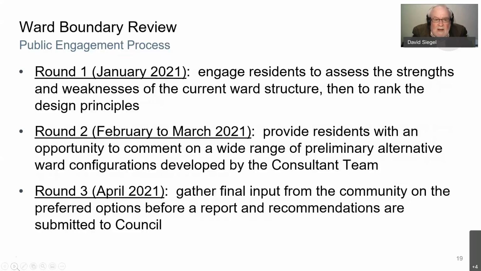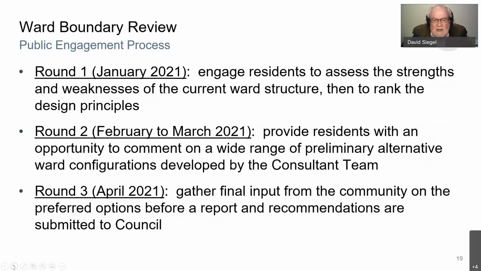Round 3 we'll be dealing with in February and March, and in round 3 we will take this information that you're giving us, I was just asking about wards and so forth, and we will create a number of different alternative possibilities that we will ask you to comment on, because we need to get that sort of feedback to go before council.